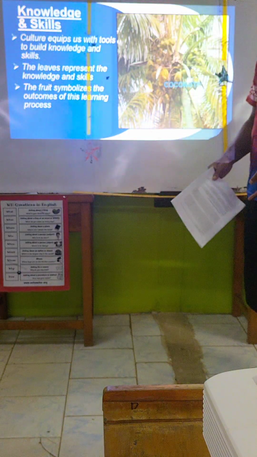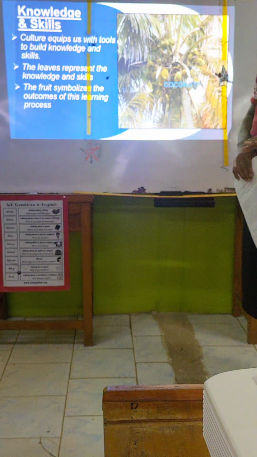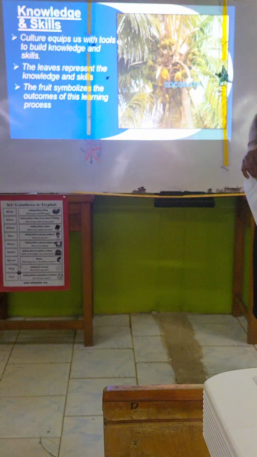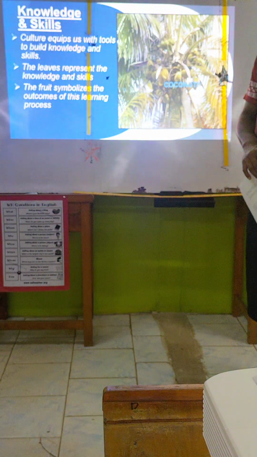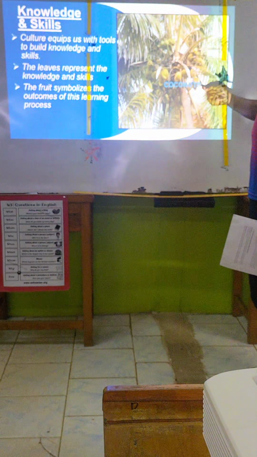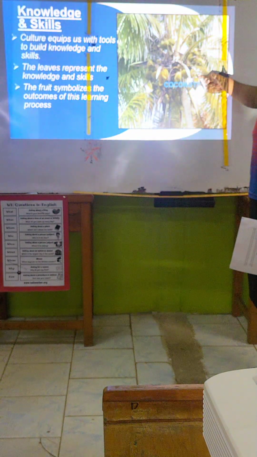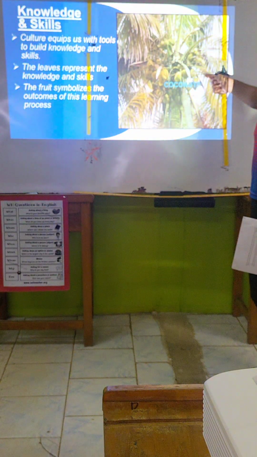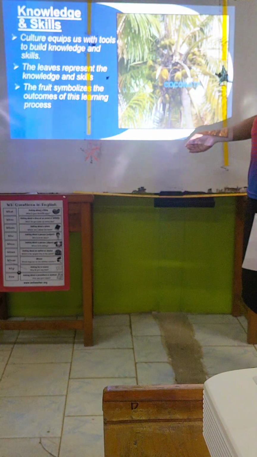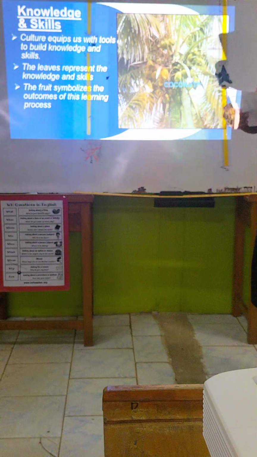Okay, so I mentioned earlier about the root and the trunk. If the root and the trunk function well, the outcome will come here in the form of a fruit, a coconut, as I am using today in my presentation.